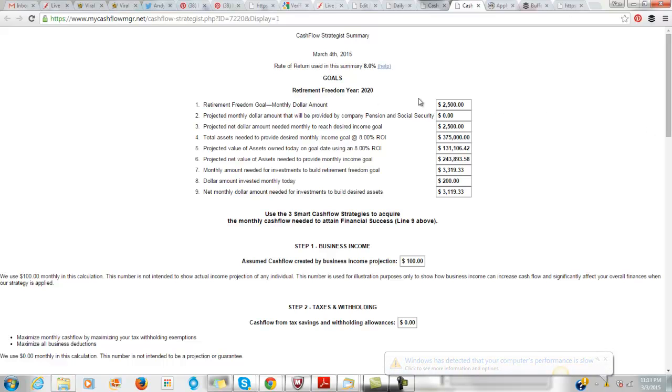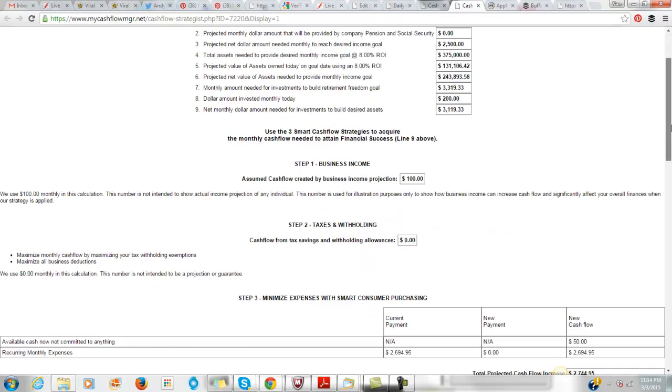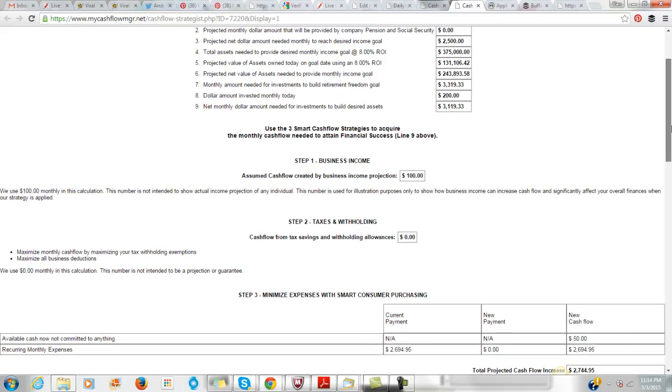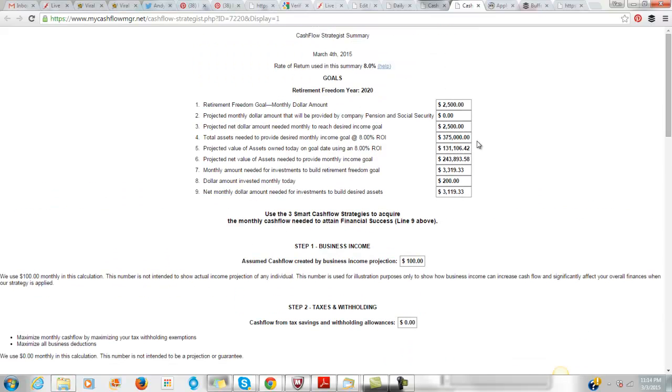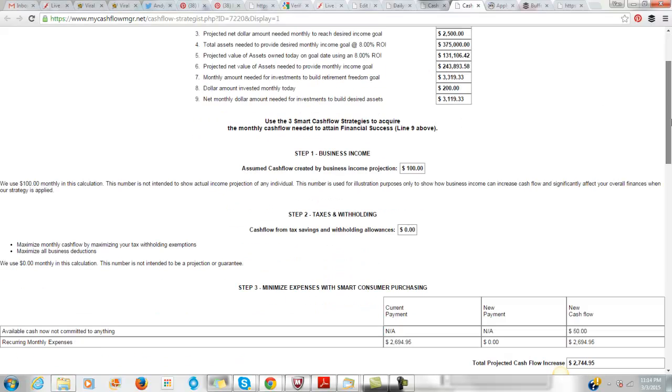So at least with the snapshot in place, you'll have an idea, and you're not shooting around in the dark wondering if you're going to have enough money to retire on, or enough money to live on once you retire. I just want to share this tool with you. I find this very, very valuable. And I'm always in here playing around with it and tweaking things as I grow my money and my investments.